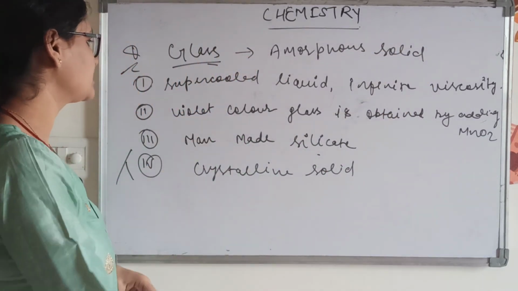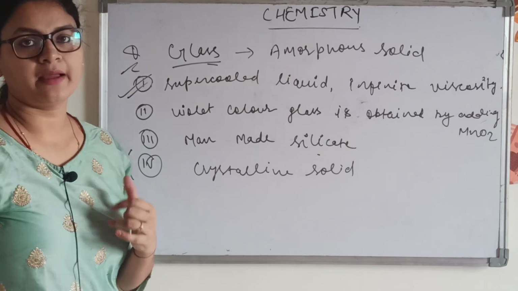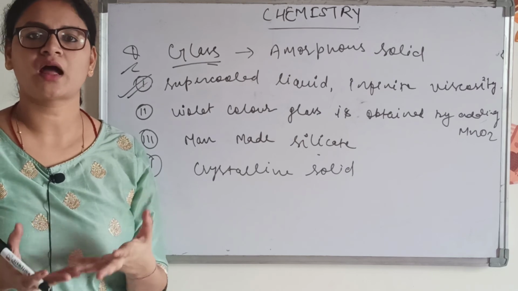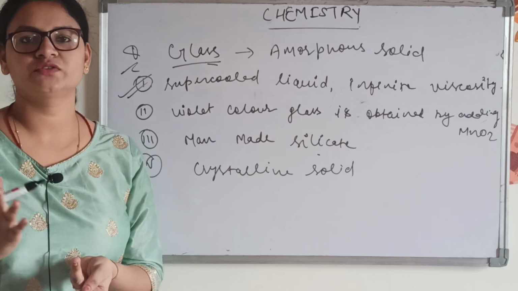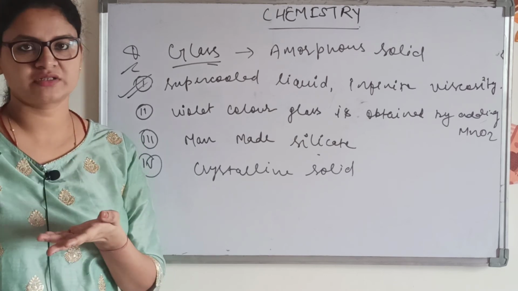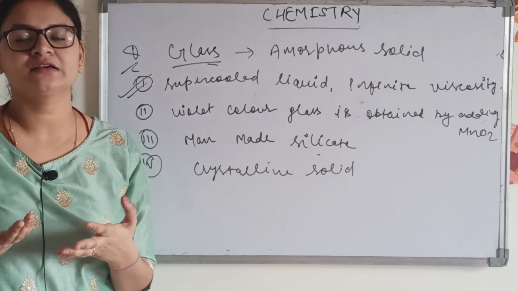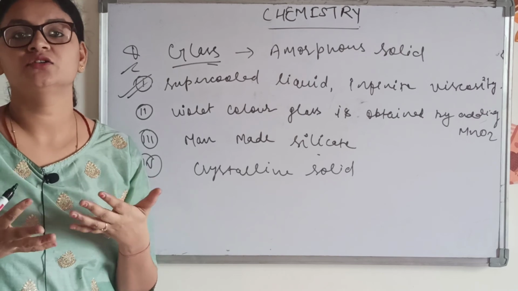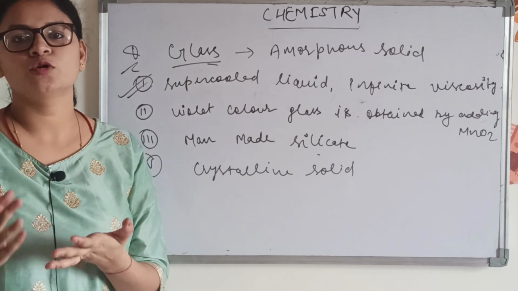The first option is, glass is a supercooled liquid with infinite viscosity. When heat falls on the surface of glass, it slowly moves. Basically it behaves as a liquid and flows like a liquid, but we cannot see the movement with our eyes. It is a slow process.